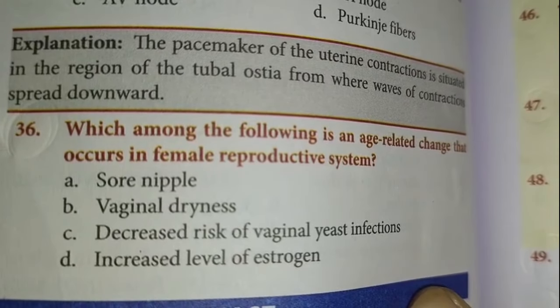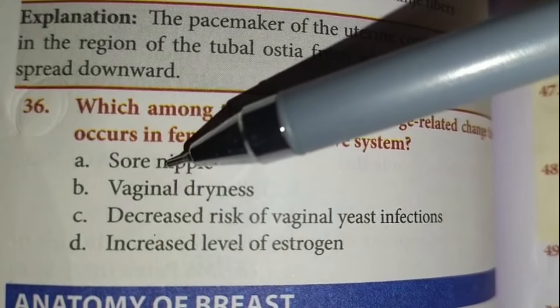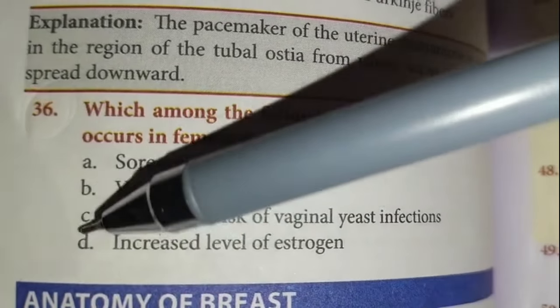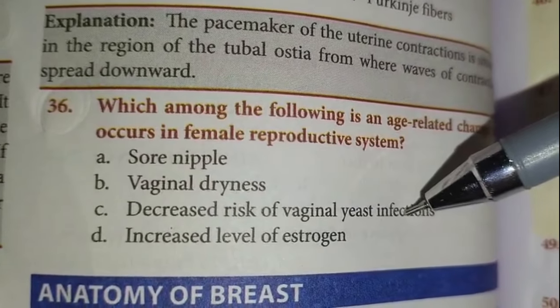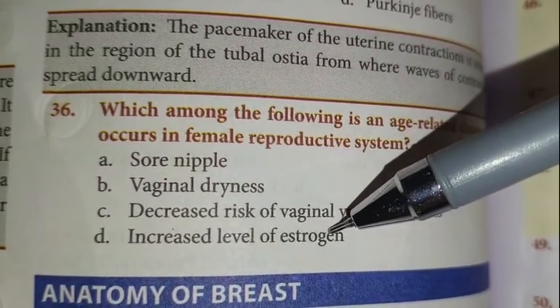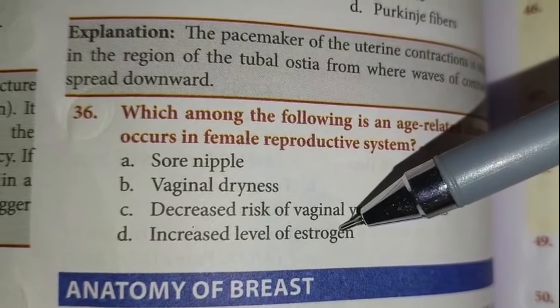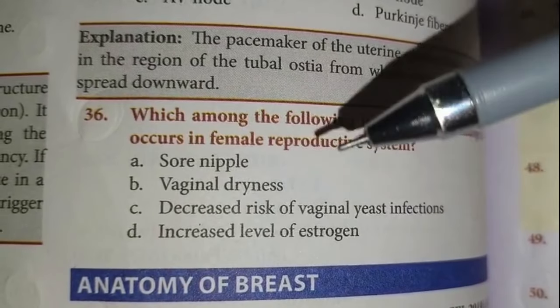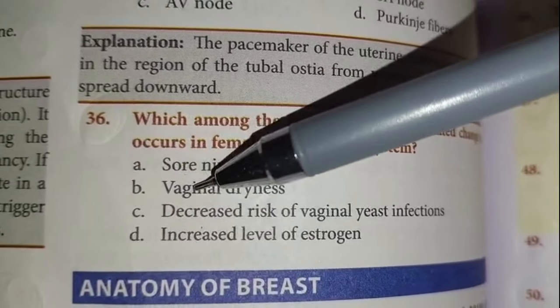Option A, sore nipple. Option B, vaginal dryness. Option C, decreased risk of vaginal yeast infection. And option D, increased level of estrogen. And the correct option is option B, vaginal dryness.